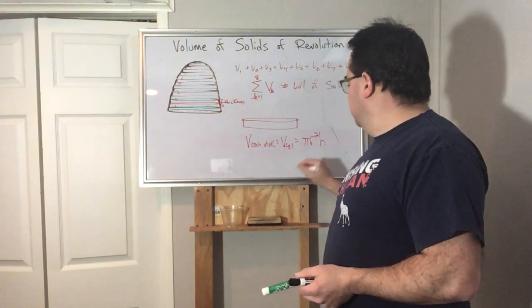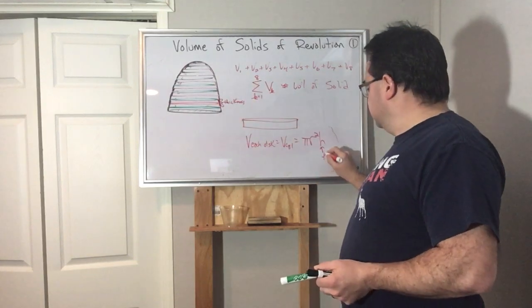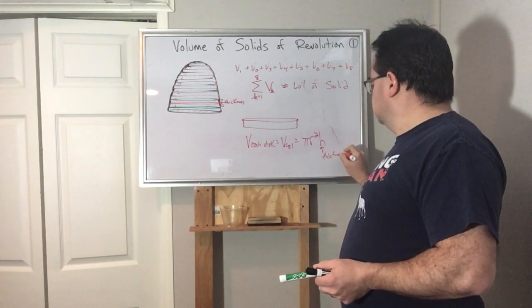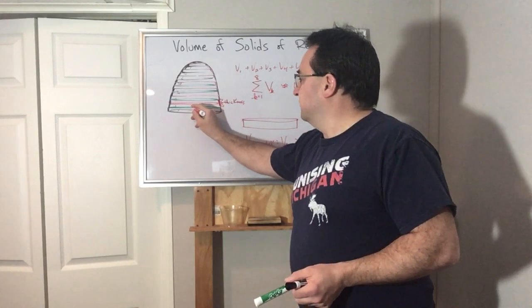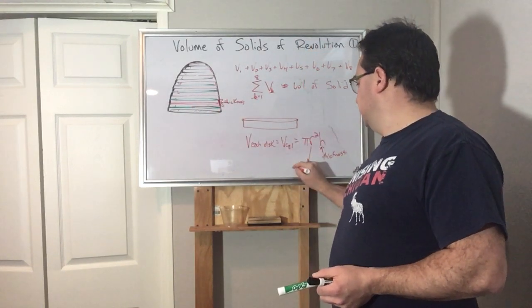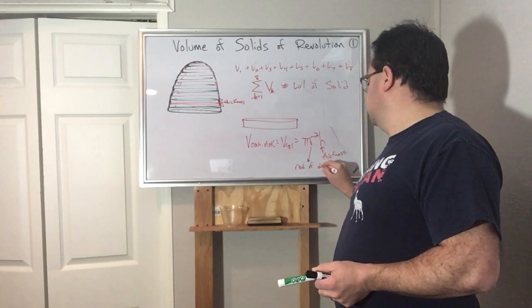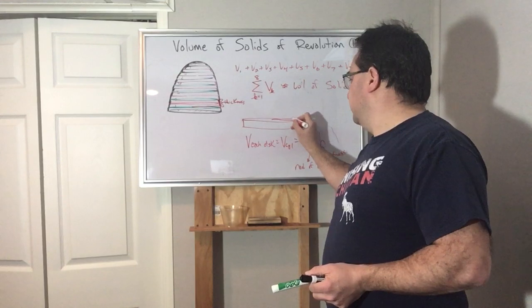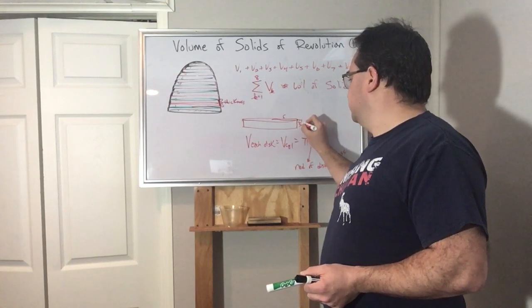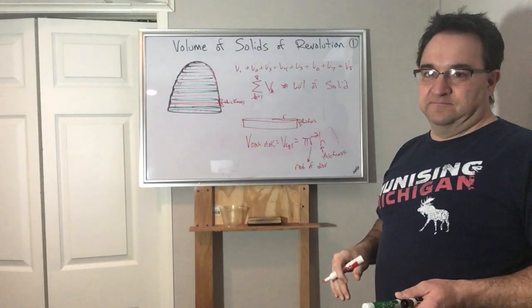So I'm going to think of the height as the thickness, and the radius would just be the radius of the disc. This would be the radius, this would be the thickness, and pi is just pi.